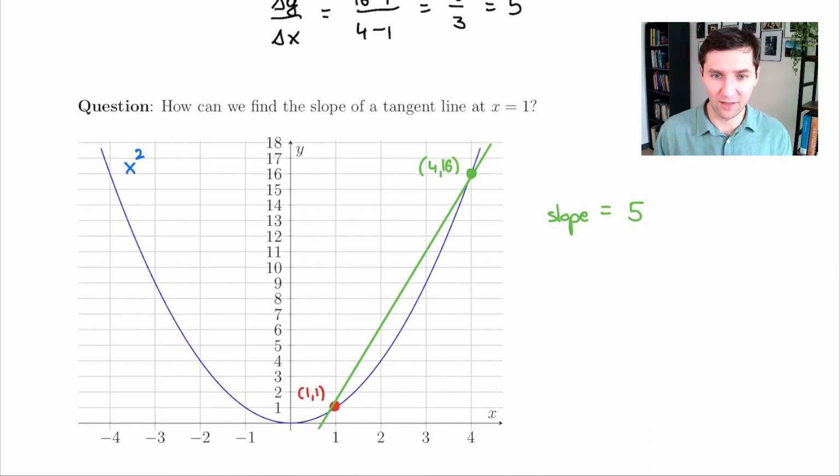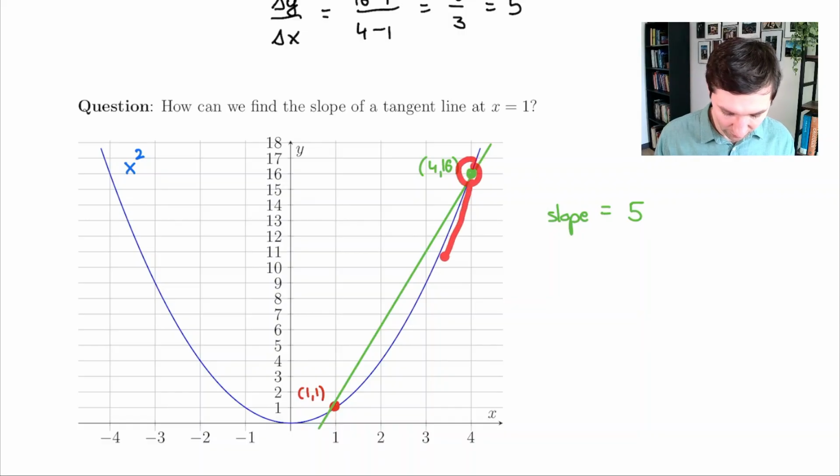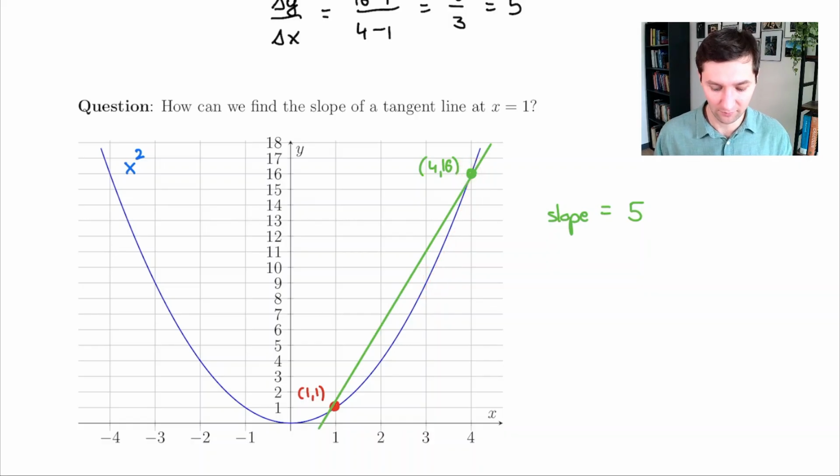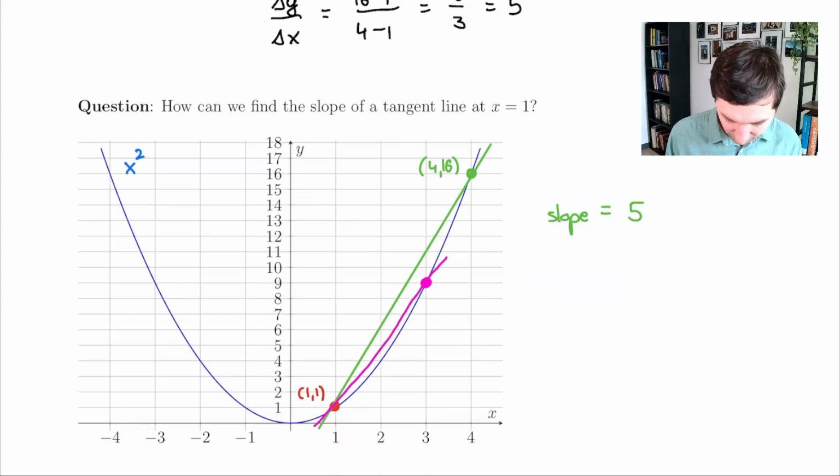The next thing that mathematicians ask you to do is to take this second point and move it closer to the first and then repeat the slope computations. For example, I am going to move this point to x equal to 3. Then I will connect the original point with the new second point.